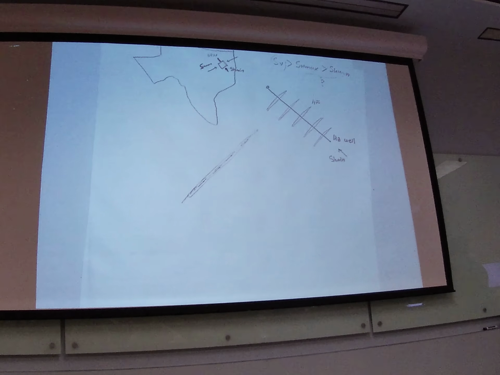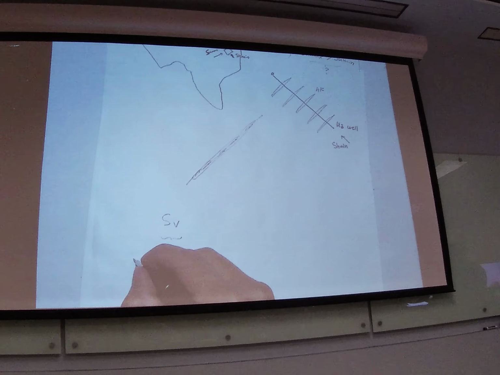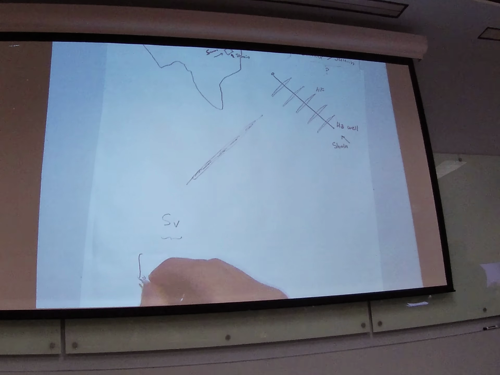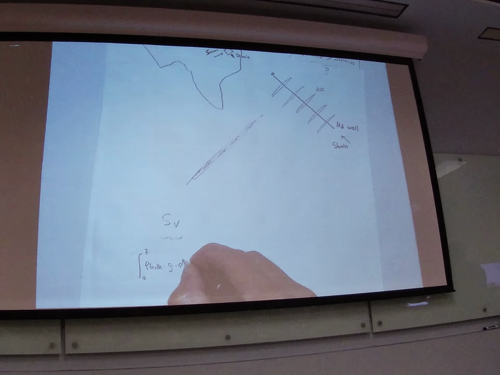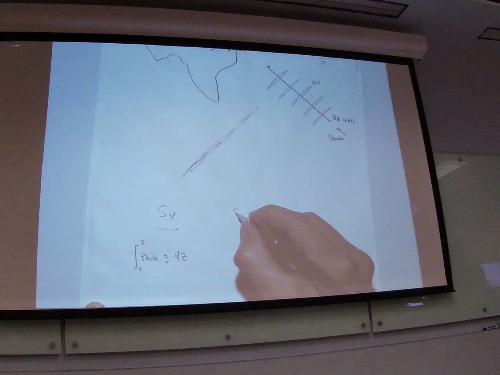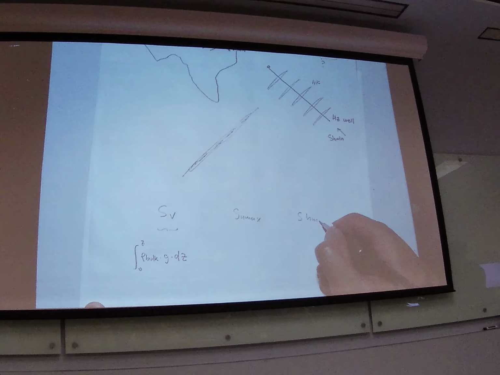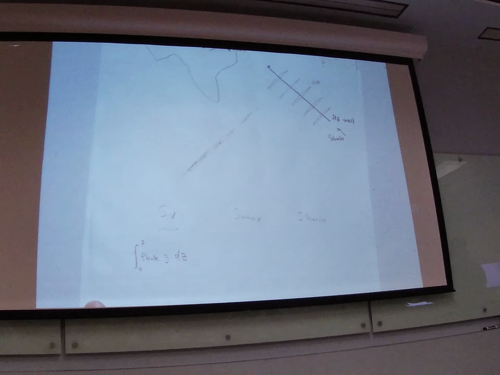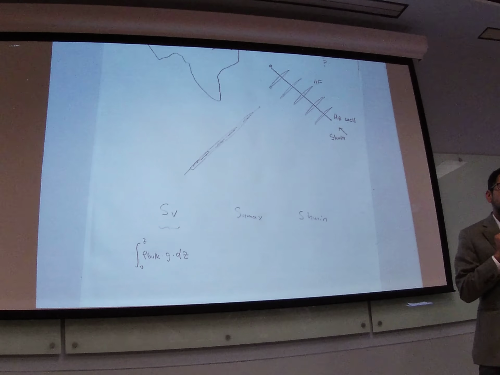So we said that for SV, we can apply this formula, and we'll get SV. What about SH max and SH mean? How would you determine those? Poisson's ratio. How? Poisson's ratio.